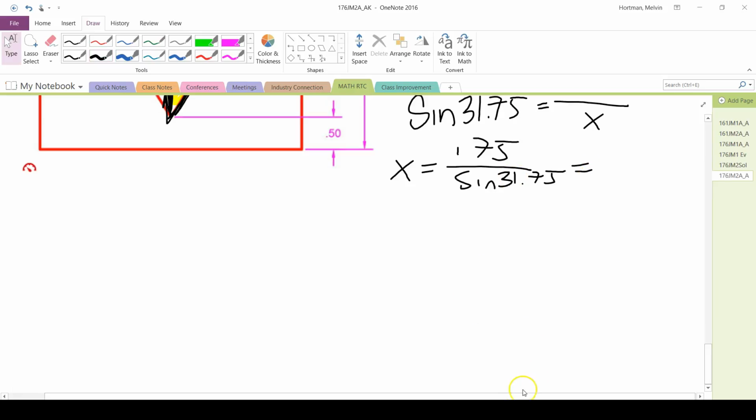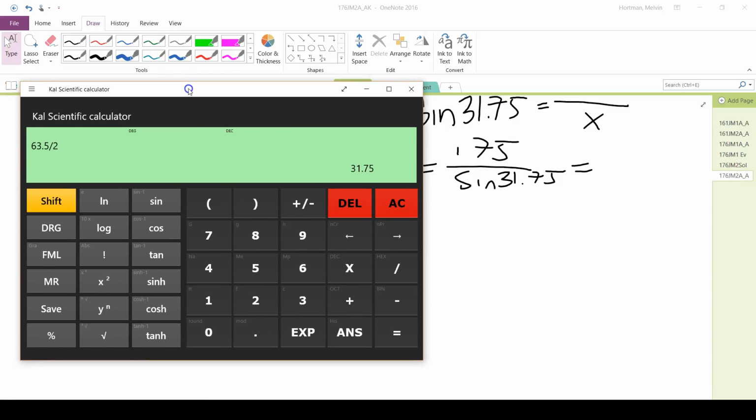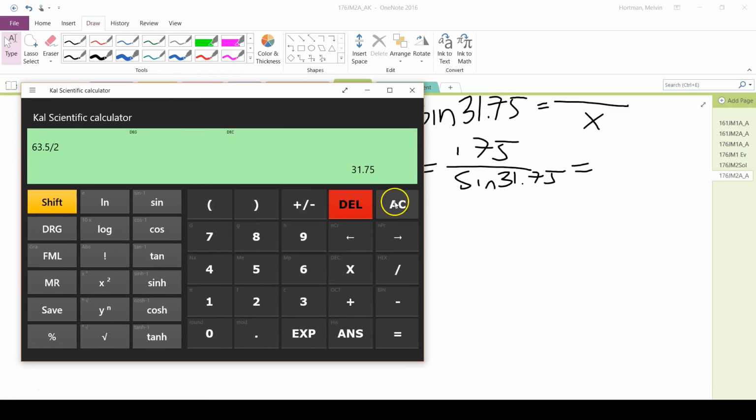And then let's do that on our calculator. So the sine of 31.75 is 0.52 something. And then 0.75 divided by that is 1.42 something.